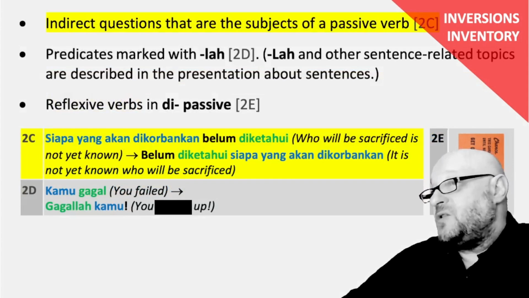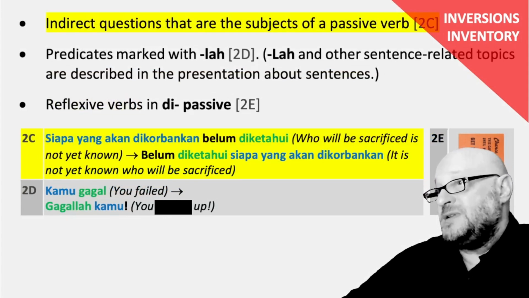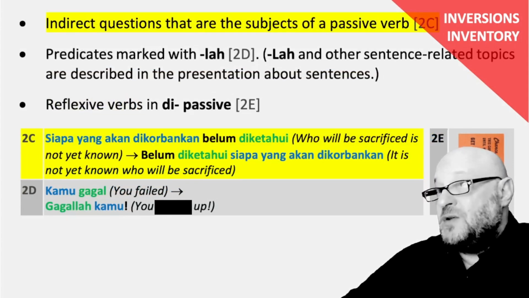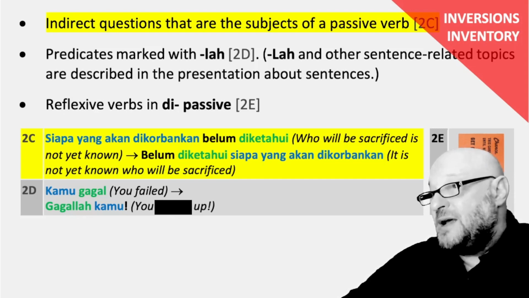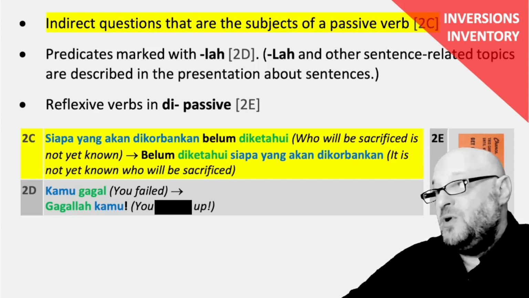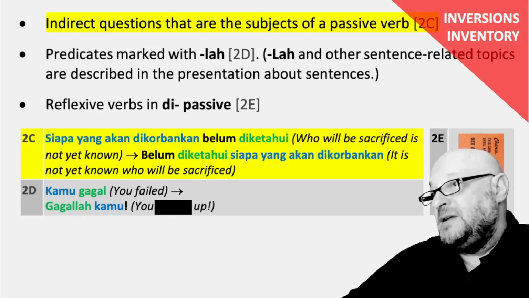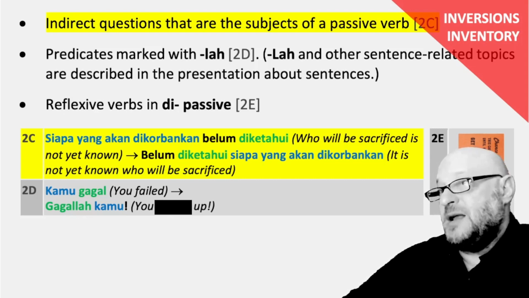Indirect questions that are subjects of a passive verb. Example 2c. Siapa yang akan dikorbankan belum diketahui, who will be sacrificed is not yet known, is reworked as belum diketahui siapa yang akan dikorbankan. It is not yet known who will be sacrificed.